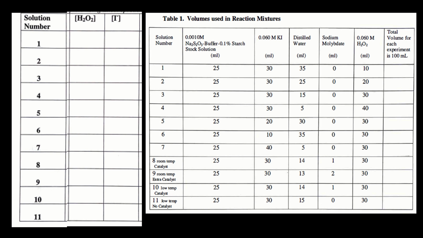All we need to do to find the concentration of H2O2 is take its concentration, 0.06 molar, multiply it by the amount we are using for that trial, 10, 20, 30, whatever, and then divide it by the new total volume, which is meant to be 100 milliliters for every single trial.